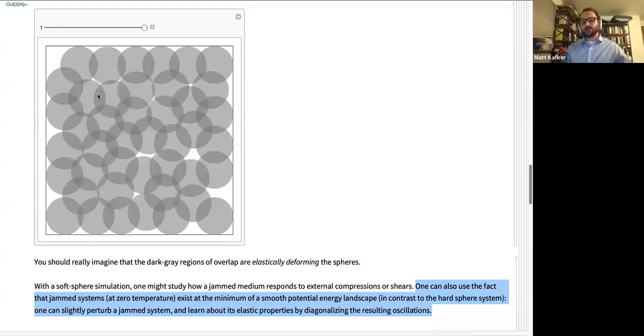And in a jammed state, if you want to put the system in a jammed state in a more sophisticated way than the animation I was just showing you, you can do some sort of potential energy gradient descent type operation, find your way to a minimum, and then you can perturb the system away from that minimum, and it's going to oscillate in all sorts of ways. If you can diagonalize the matrix of these various oscillations, that will give you information about the elastic properties, which is kind of cool. And they talk about this in this paper. I didn't go into it that deeply, but if I was going to study this, I would definitely want to reproduce that result.